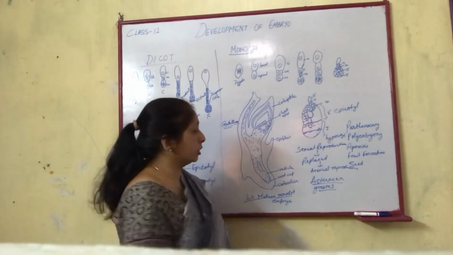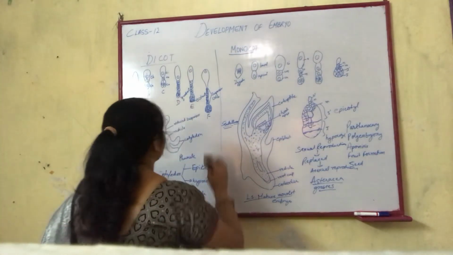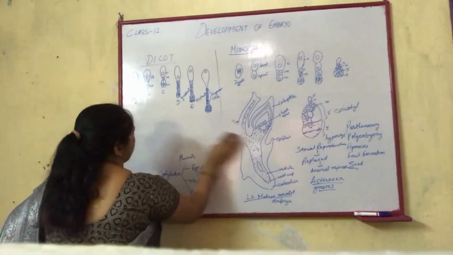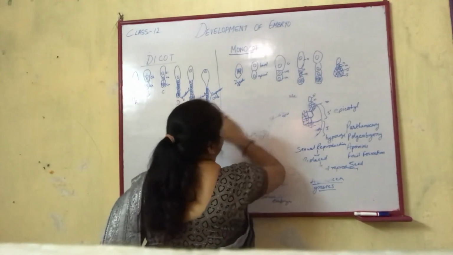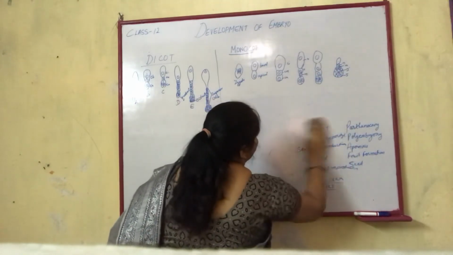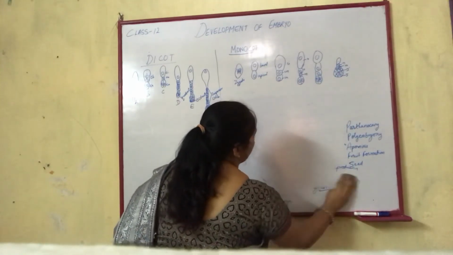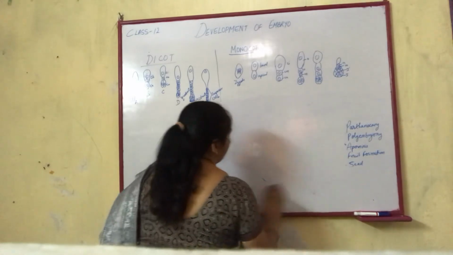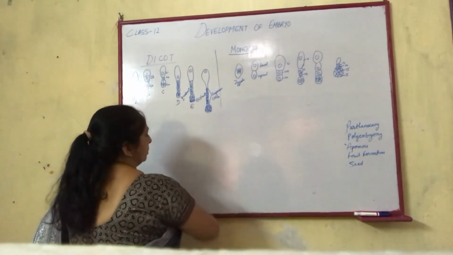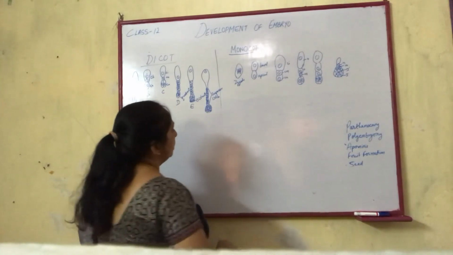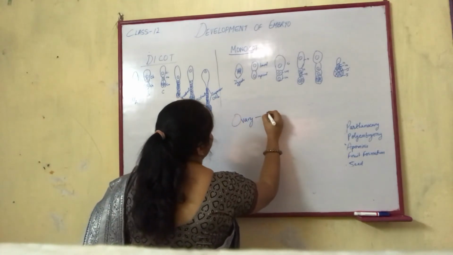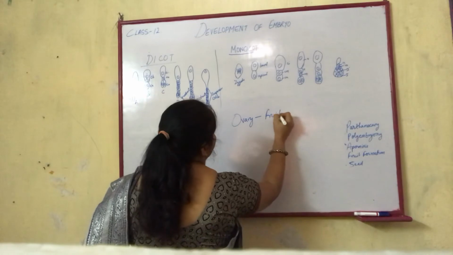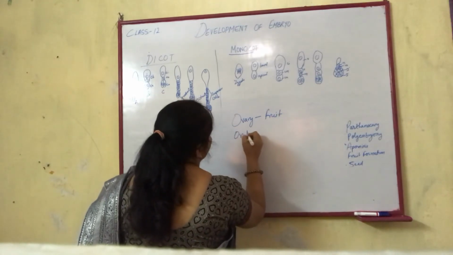Next is seed formation. All of us know that the ovary forms the fruit and the ovule forms the seed.